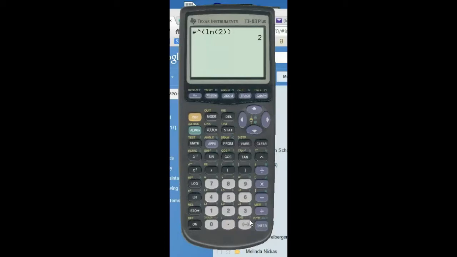If we do e to the log of 7, we get 7. How about e to the log of 429.2? Yep, you guessed it, 429.2. So e to the log x.